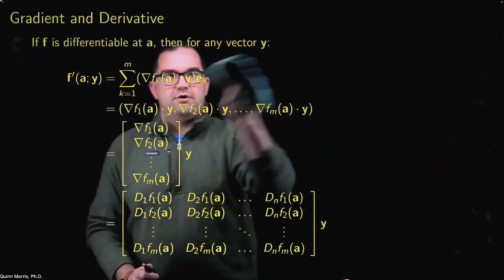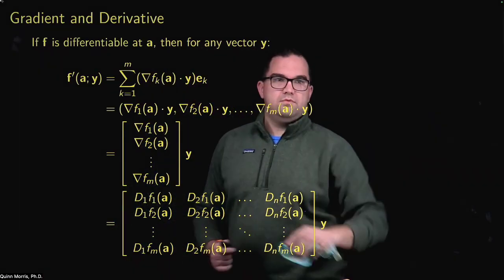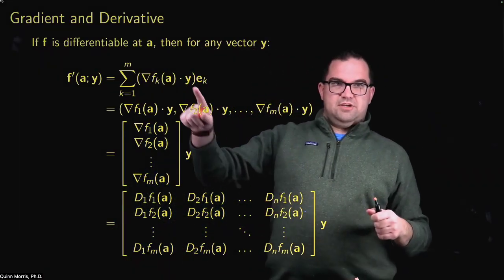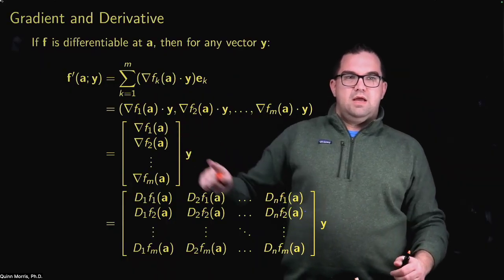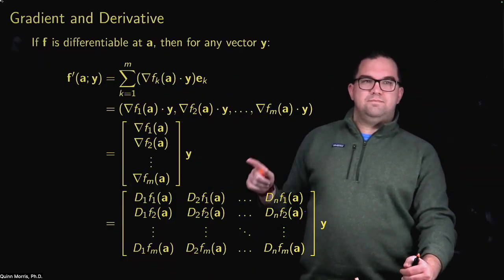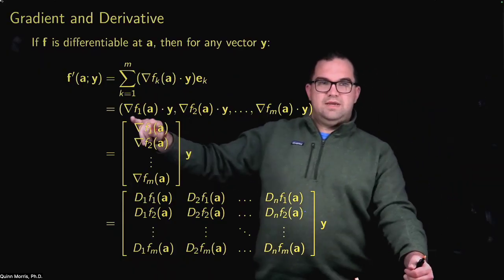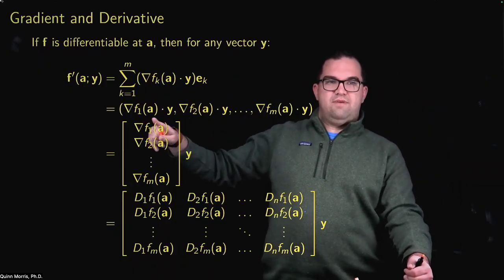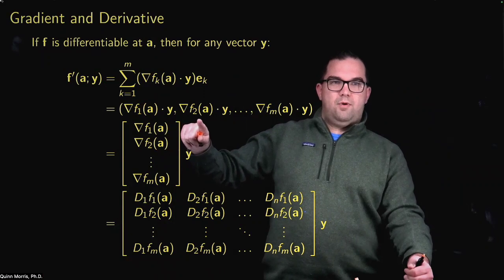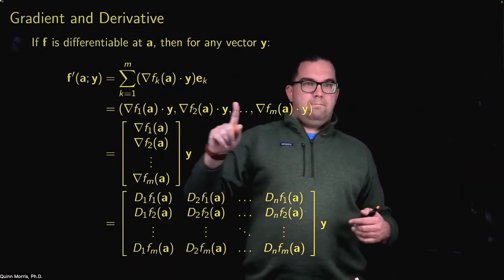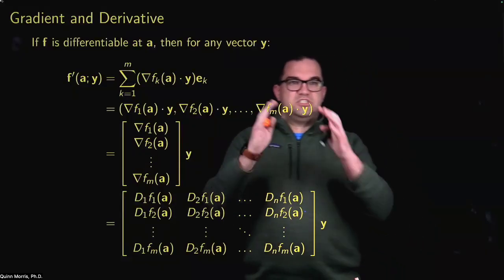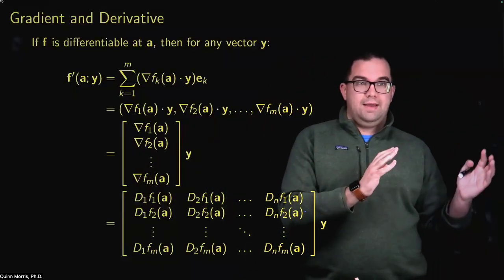Now, from there, I guess you can see I've actually recombined this here. And if I look at this, this is a vector. Its first component is the gradient of f1 dotted with y. The second component is the gradient of f2 dotted with y. Every component of this vector is some vector dotted with y.